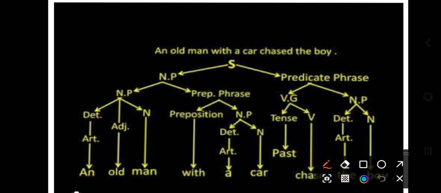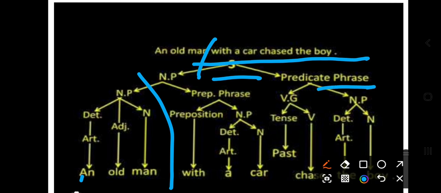Here I am taking another example: an old man. An is a determiner, old is the adjective, and man, so this is a noun phrase. Okay, sentence, noun phrase. Now the rest of the things are called the predicate phrase, right?